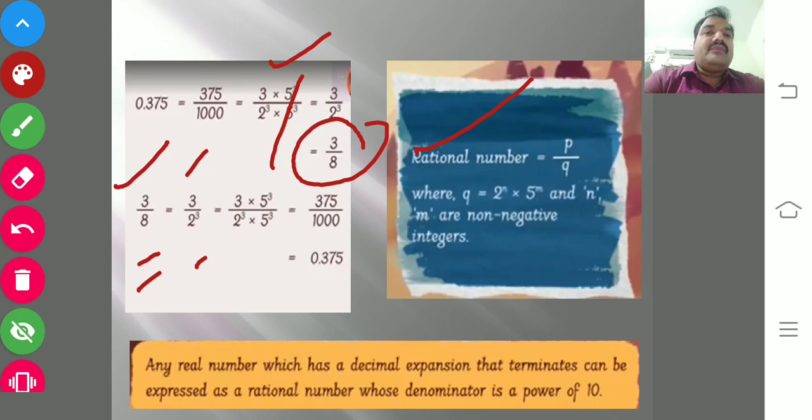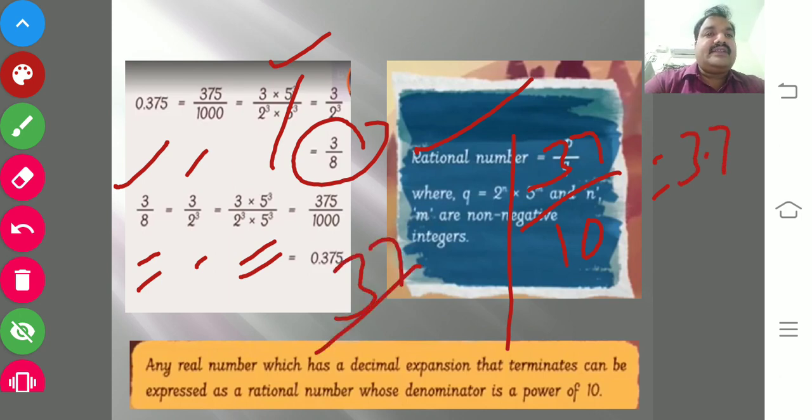Here we enter into this step. You can easily know with one example. Suppose you want to convert a rational number into a decimal, let it be 37 by 10. You can easily write 3.7. Suppose 37 by 100, you can write 0.37.